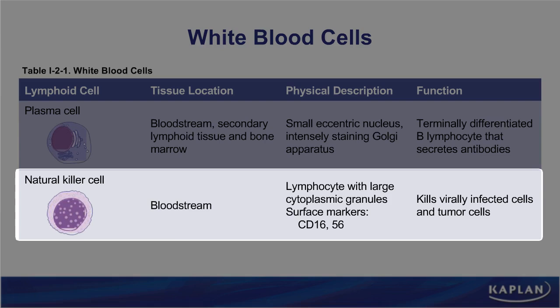You need to commit to memory that on the surface of my natural killer cell, I am going to have both the marker CD16 as well as CD56, and Dr. Moscatello is going to define what the actual function of each of those markers is for you in a little while. The functionality of my natural killer cells is twofold. They are going to either target virally infected cells or clear tumor cells.